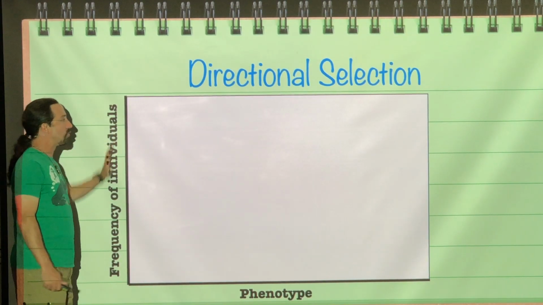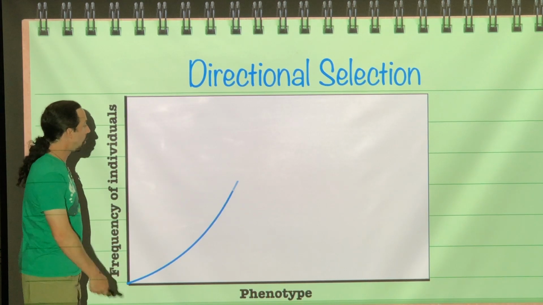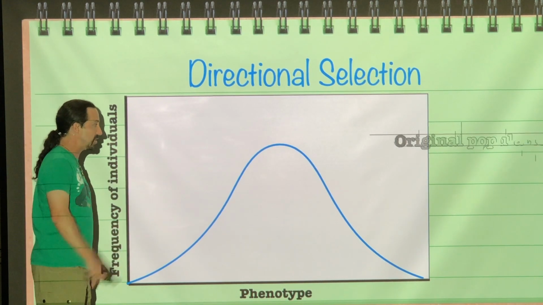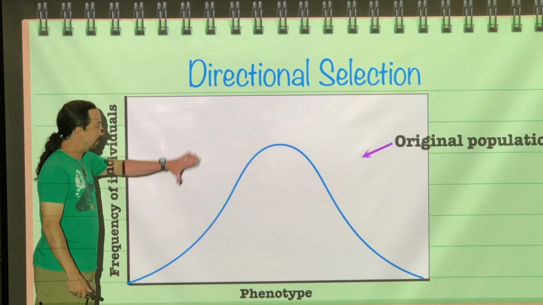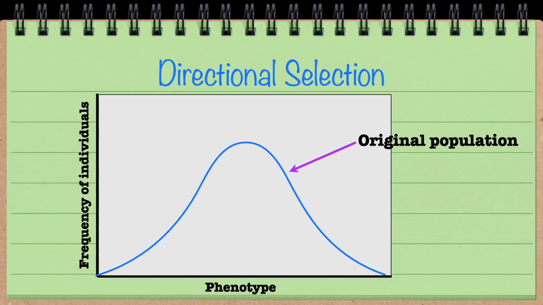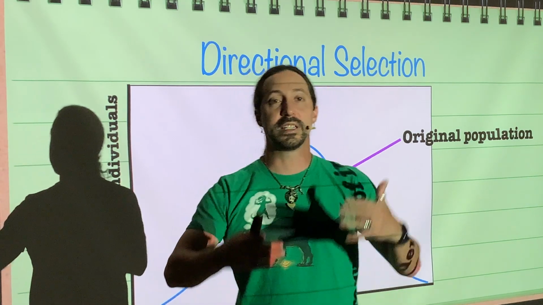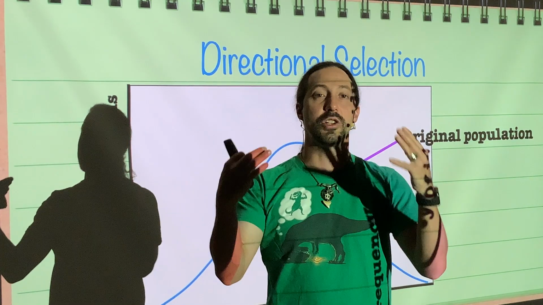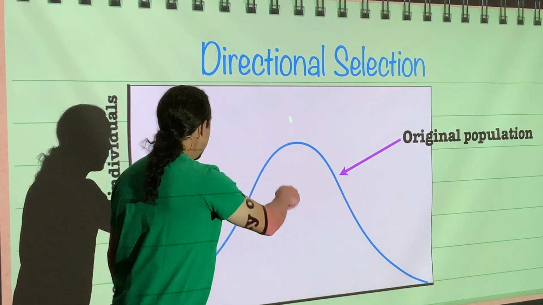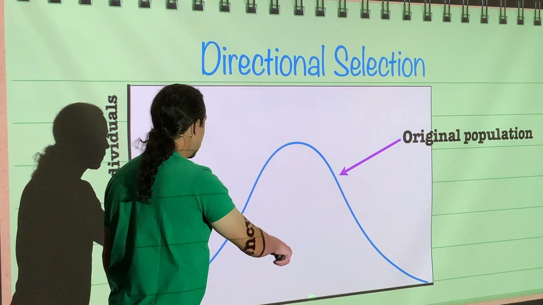If we were to take a graph and we were to look at a specific population, this original population average is where we have the largest area underneath the curve. And most organisms in our population will exist with those specific traits, the trait that would be right in this center area.